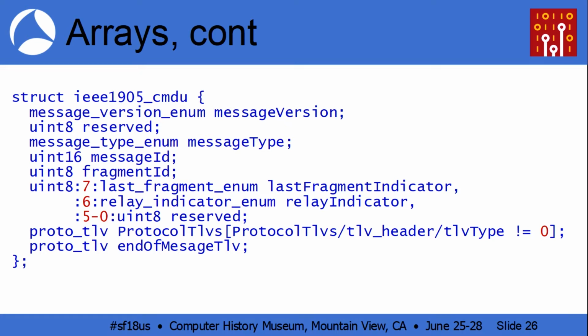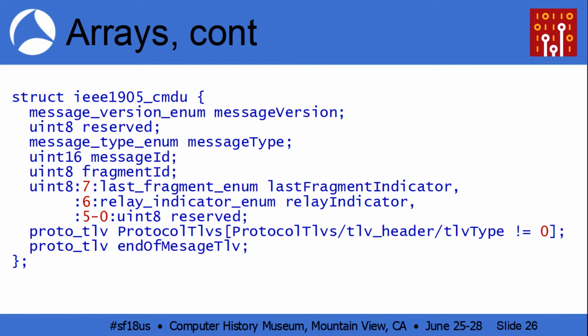And what they further specified was that there should always be an EOM, an end of message TLV, in one of these CMDUs. And an end of message TLV is a TLV with a type of 0 and a length of 0, so it has no body. And so what I did in the language is I said, well, hey, we know when this array of protocol TLVs is done when we see a type in here of value 0.